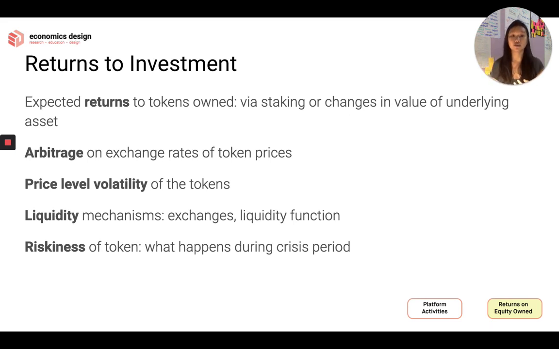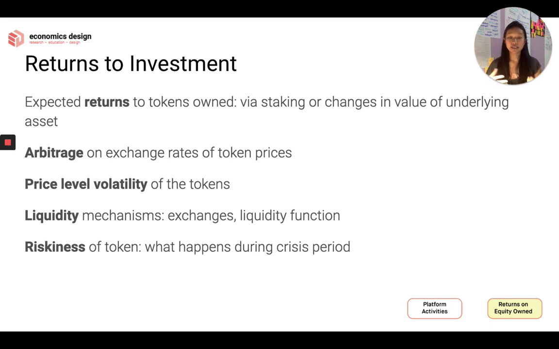Okay, another one is arbitrage on exchange rates of token prices. You've got price level volatility of tokens, liquidity mechanisms, and riskiness of tokens. Arbitrage means the difference in buy and sell prices in different places. We have main exchanges, like Coinbase, Kraken, and all the big exchanges.